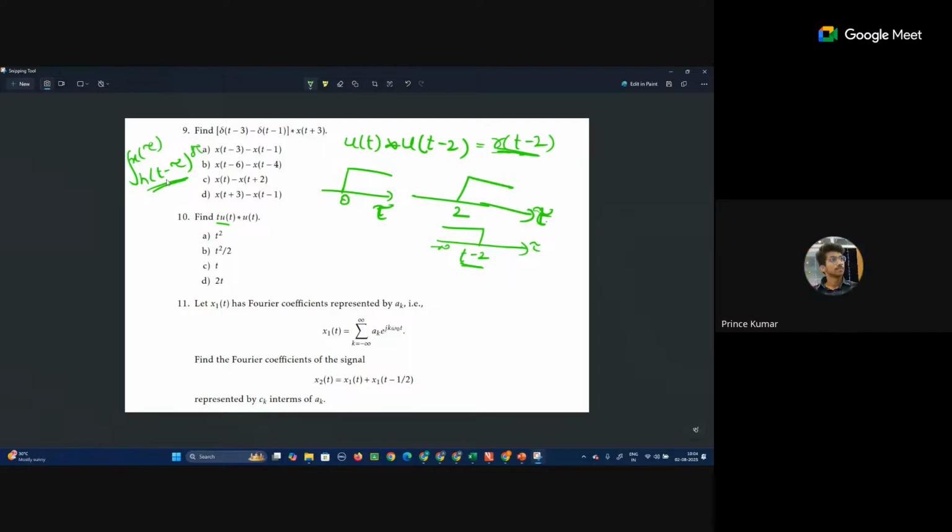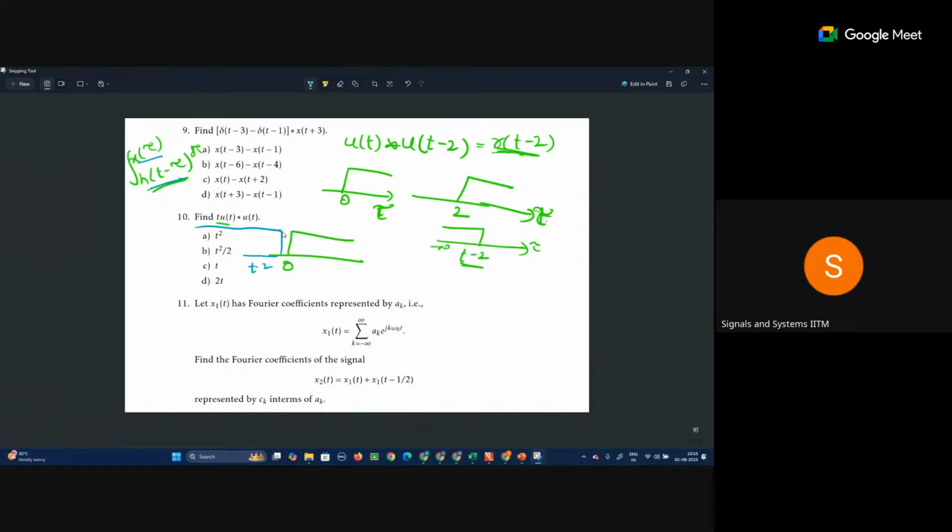Yeah. So one signal is like this, and another signal is in this way, t minus 2. Here we have to consider the product of those two. Here it is 1 and here it is 1, but it is not overlapping, so it will be 0 in this case, the product of these two in that region.